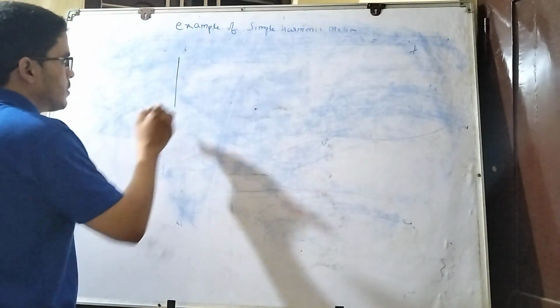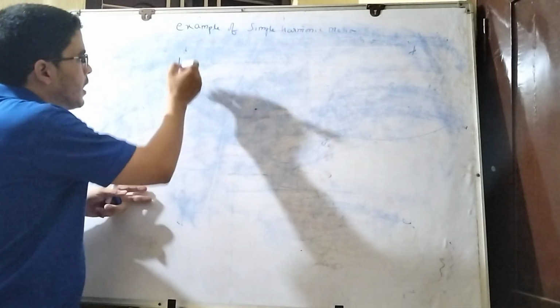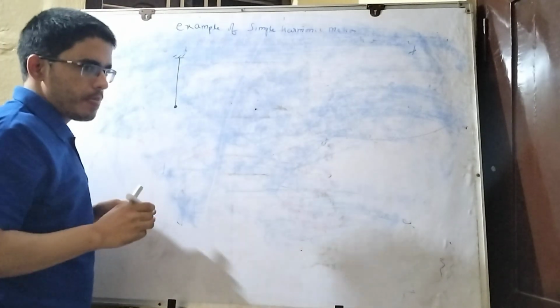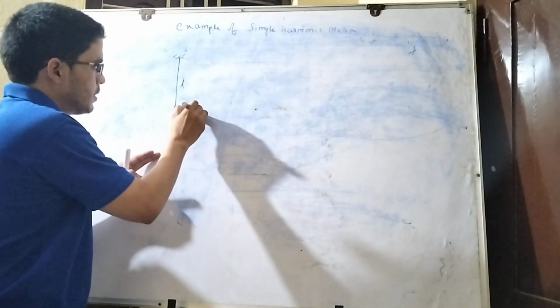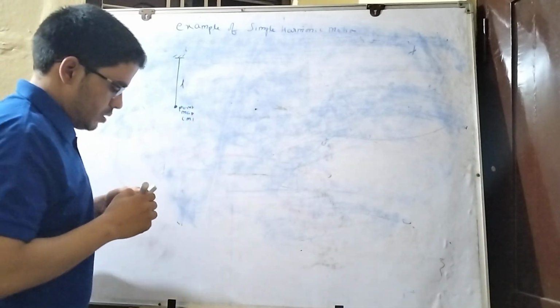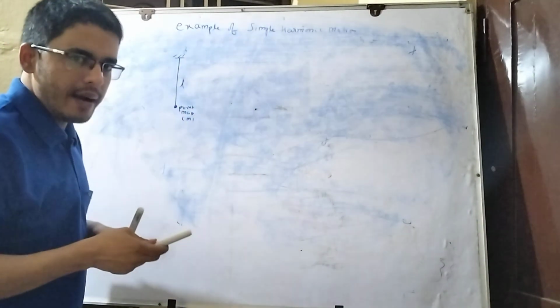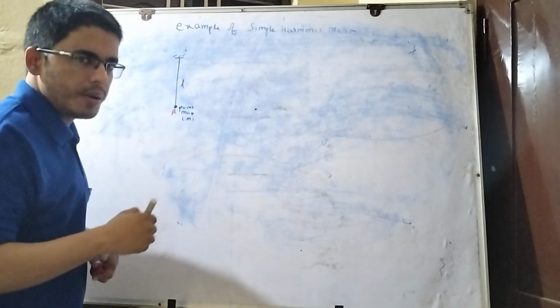There is one string here, and one point mass is fixed here. The string has length L, and the point mass has mass m. Initially it is present at point A.